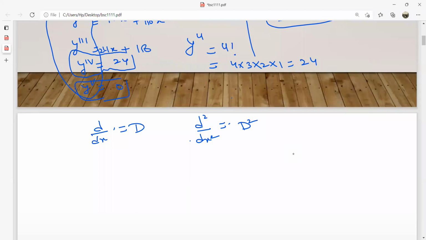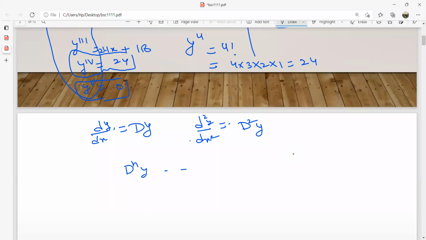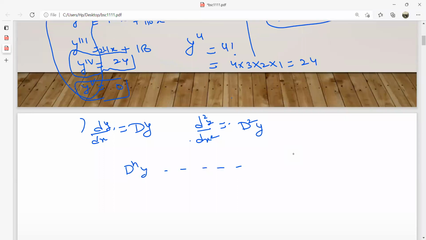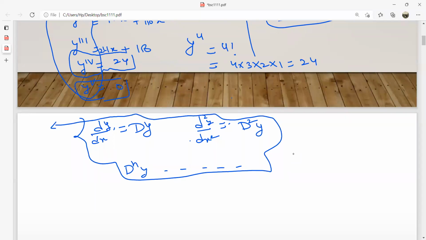Since y is the dependent variable, we take Dy, D square y, and D to the power n y, and so on. These are also the notations of differentiation for any function which is differentiable infinite times. So these are the successive differentiation.